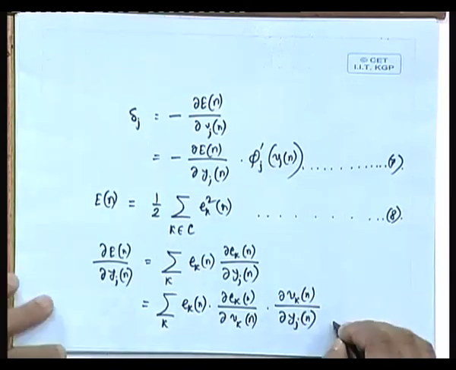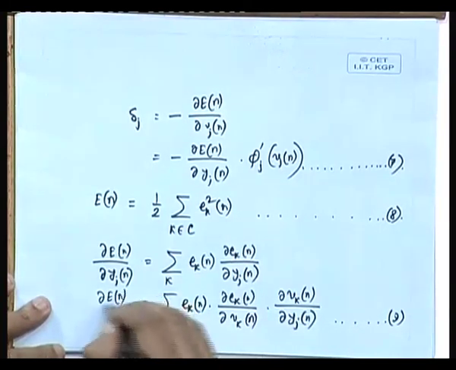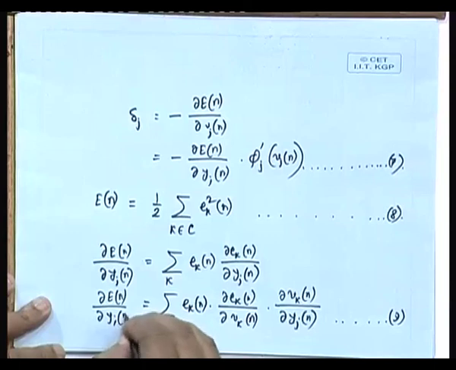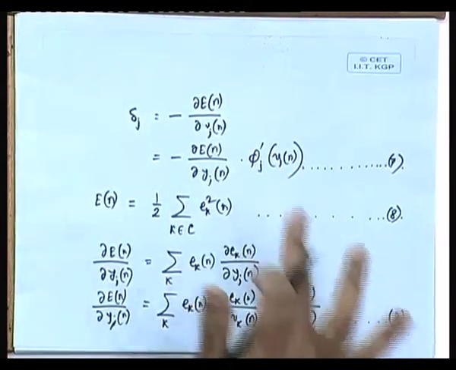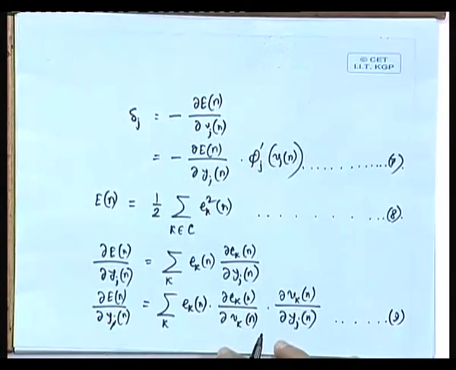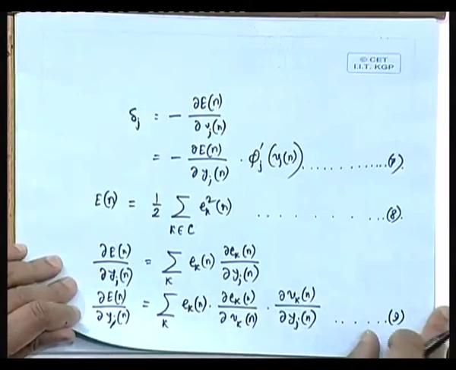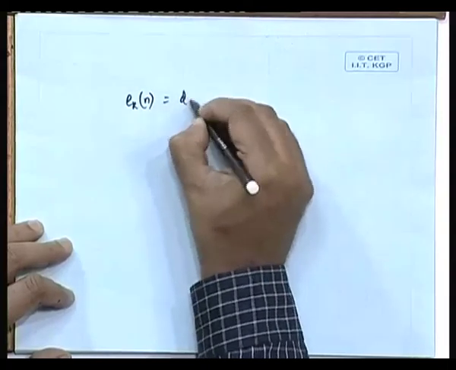If we can do that, okay, let us call this as equation number 9, that is dou En dou Yjn equal to this. So, if we can compute all the components of equation number 9, okay, then we will be in an easy situation to compute the local gradient of the hidden layer neuron, right. So, let us see that dou Ek dou Vk is going to be very easy. Why? Because Ekn is simply equal to what?